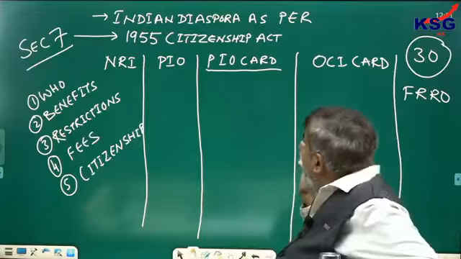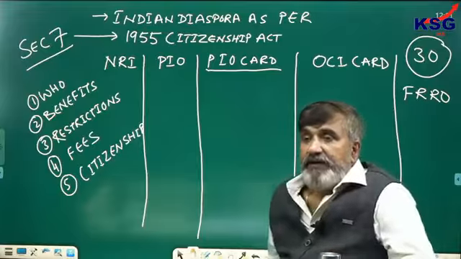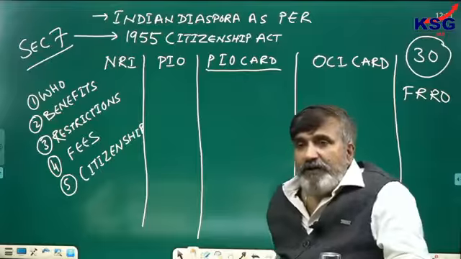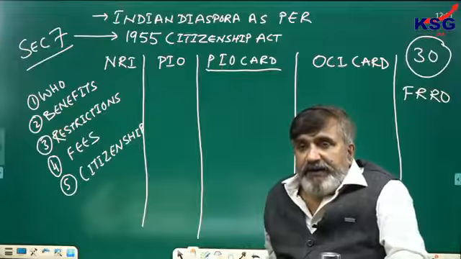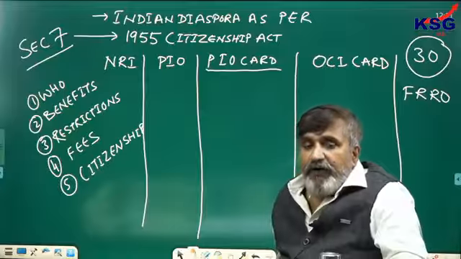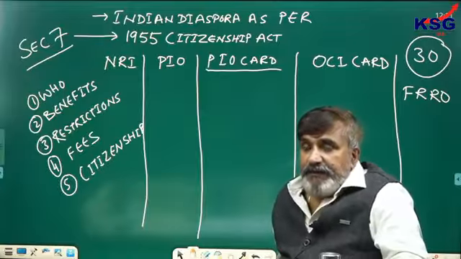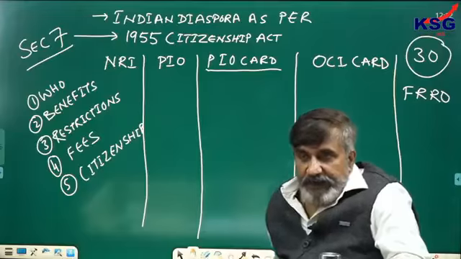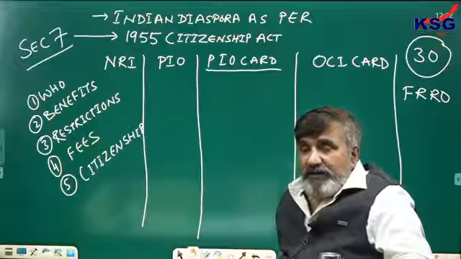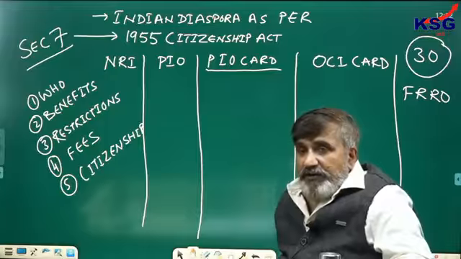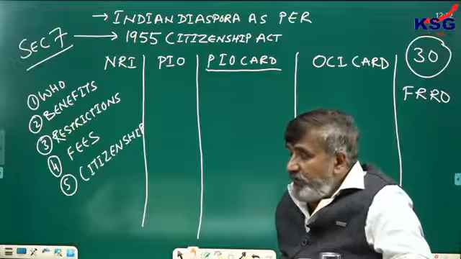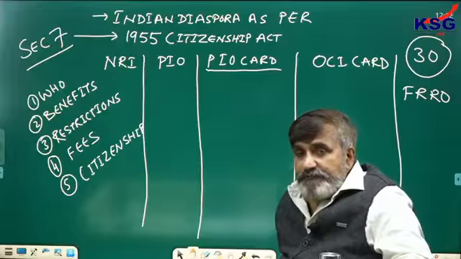Now what all benefits does OCI card holder get? So first benefit is it's a multiple entry, multi-purpose, lifelong visa for visiting India, which basically means that once the OCI card is made, till the time that person lives, no need to get visa to visit India.